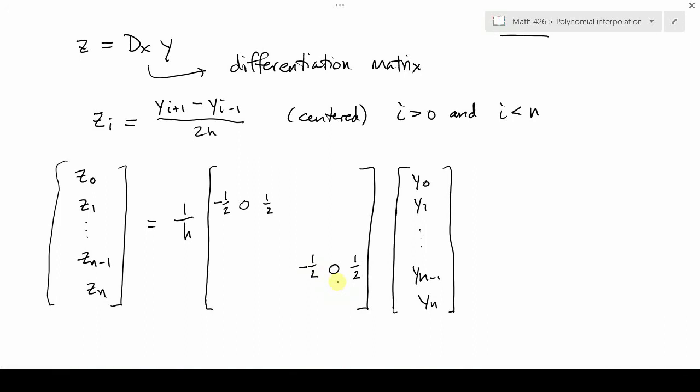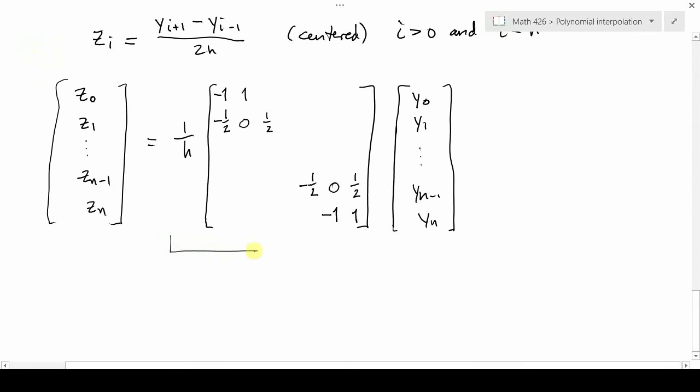Now, for y0, we'll use a forward difference. So that's 1 times y1 minus 1 times y0. And at the right end, I'll use a backward difference, which is 1 times y_n minus 1 times y_{n-1}. So this is one possible definition for Dx.